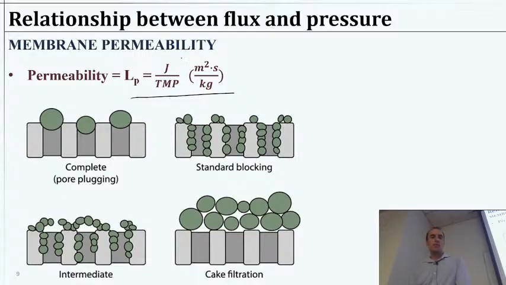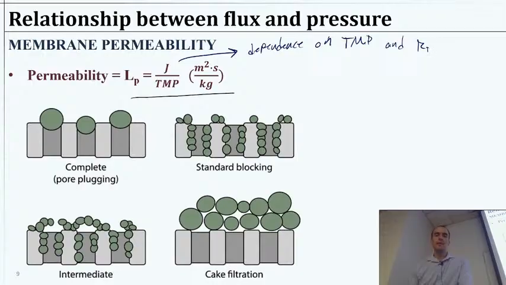If we recognize that our flux has some dependence on the transmembrane pressure and RT, the total resistance, then we'll recognize the permeability also has to do with the resistance of the membrane. In fact, the pressure terms kind of cancel, so we're left with permeability being a function of how permeable is the system.